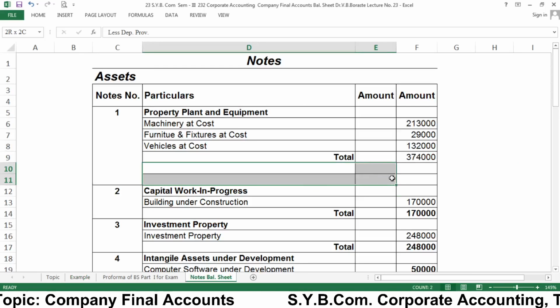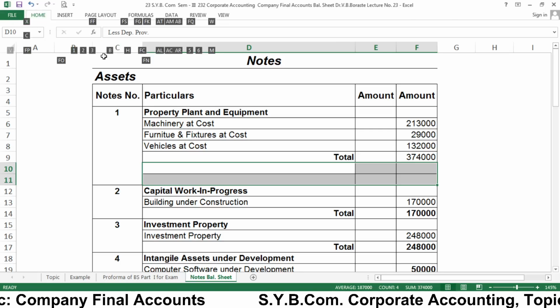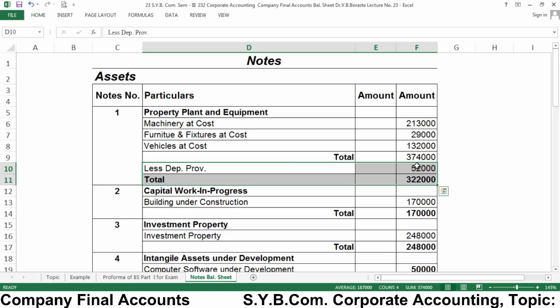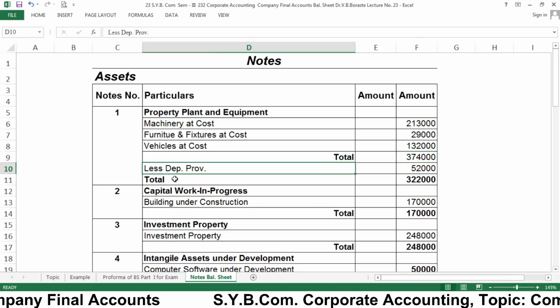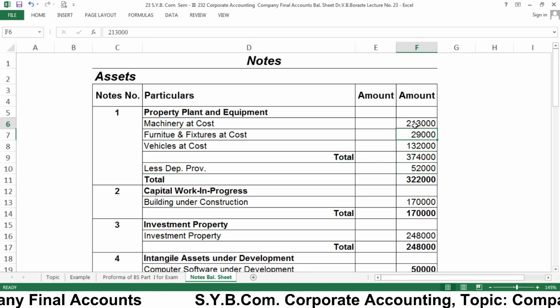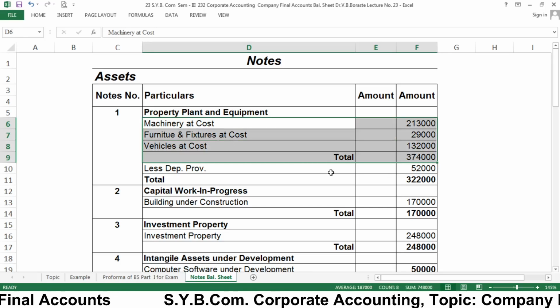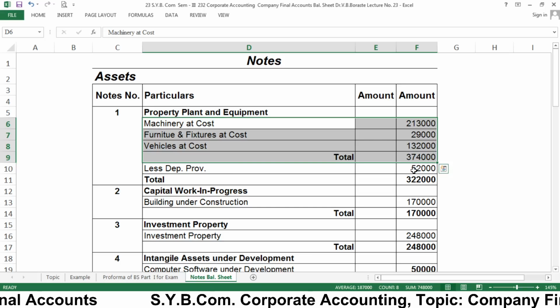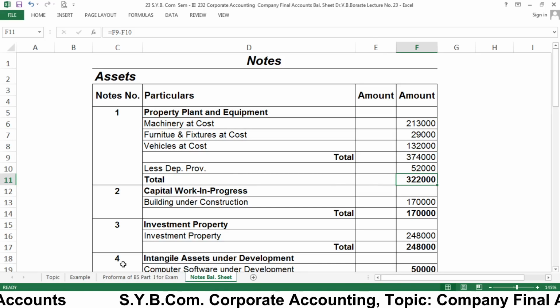So 3,74,000 is our total asset and the depreciation provision is rupees 52,000. So the total of property, plant and equipment comes to 374 and the depreciation provision is 52. So the balance property, plant and equipment is rupees 3,22,000.